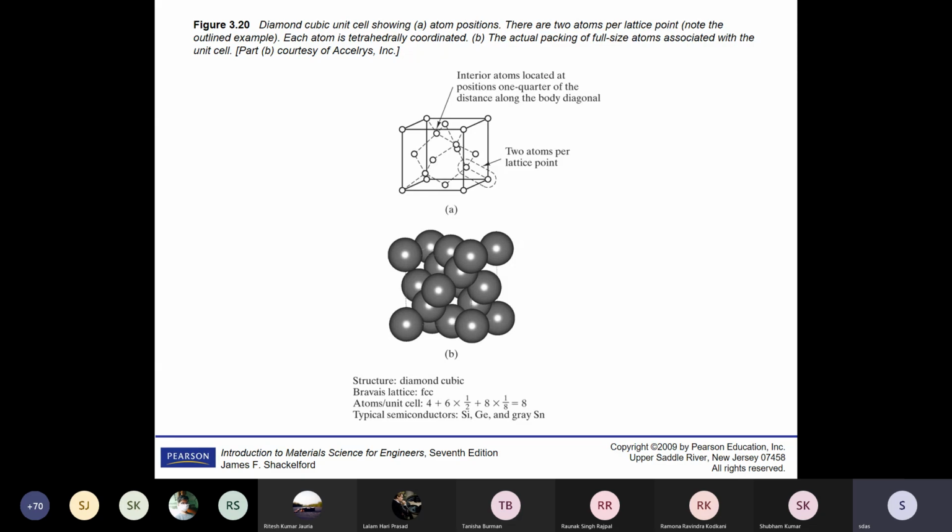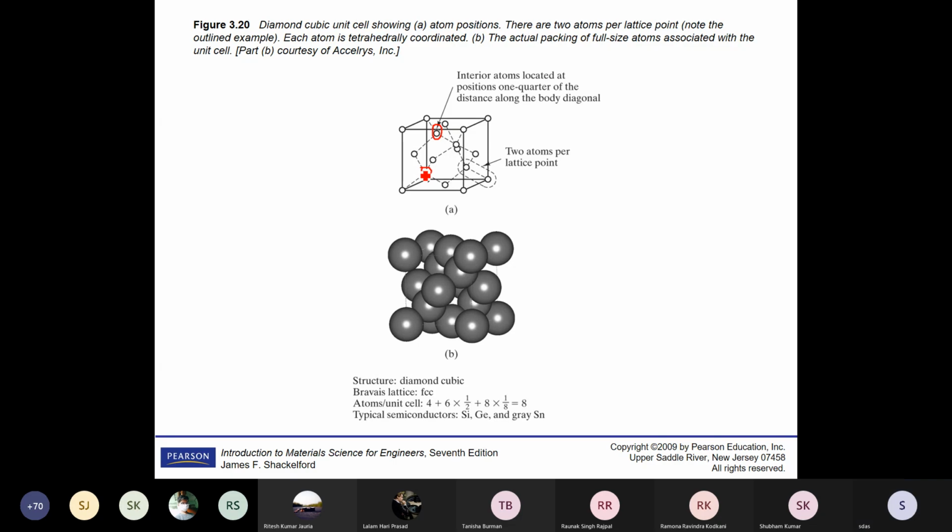Now look at another structure. Diamond. Carbon. 8 corner carbon atoms, 6 face center position carbon atoms, just like a face-centered cubic unit cell. However, there is a carbon atom in the interior of the crystal.